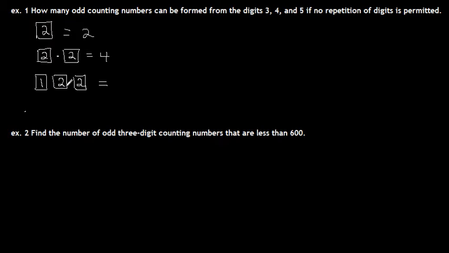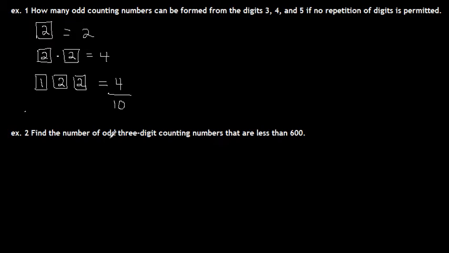So the total number of 3-digit odd numbers is 4. So we just add those all up: 2 plus 4 plus 4. So there's a total of 10 odd numbers that can be formed using the numbers 3, 4, and 5 if no repetition of the digits is allowed. Let's try another one.